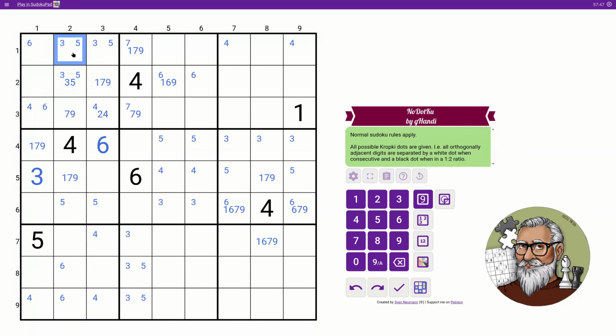Okay, what about this one then in particular? This one can't be 2, fine, but it can be 1 and it can be 8. That's not gonna make a difference, is it? Oof.